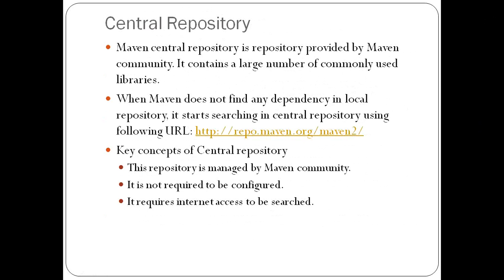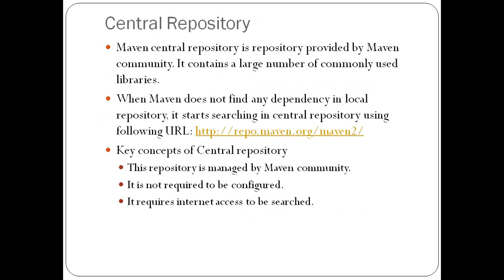The next one is the central repository. The Maven central repository is a repository provided by the Maven community. It contains a large number of commonly used libraries. When Maven does not find any dependency in the local repository, it will start searching in the central repository. The central repository URL is repo.maven.org/maven2.